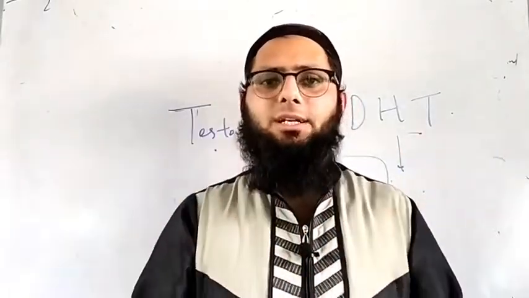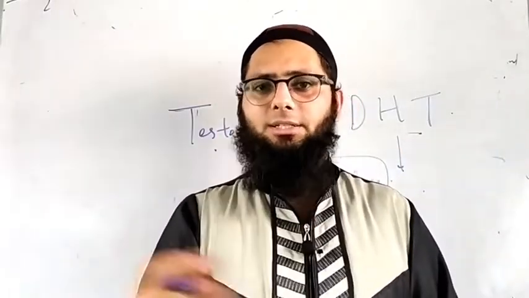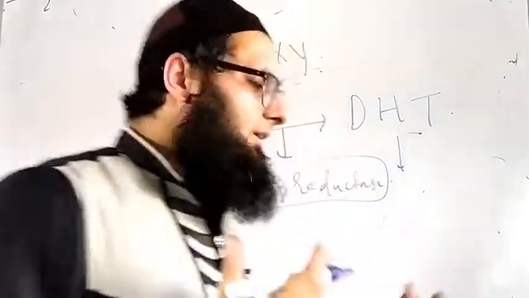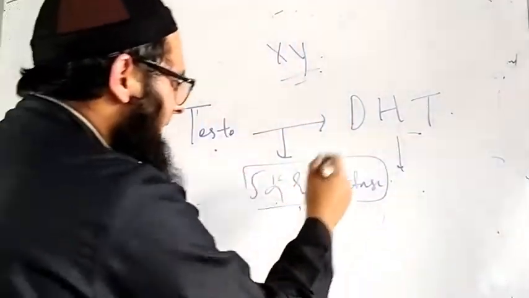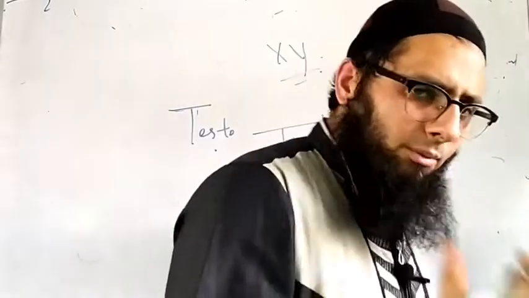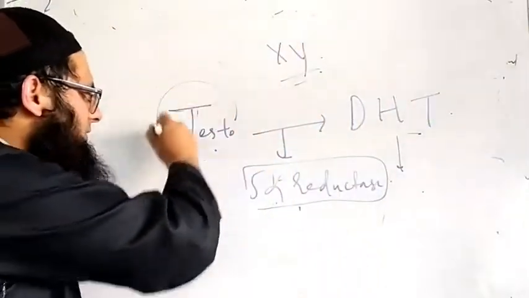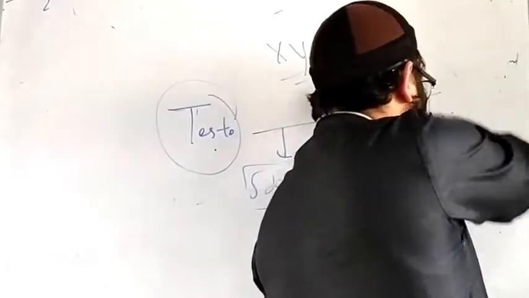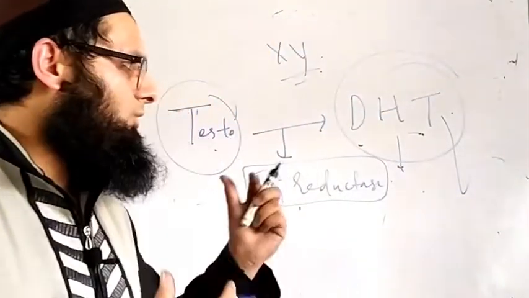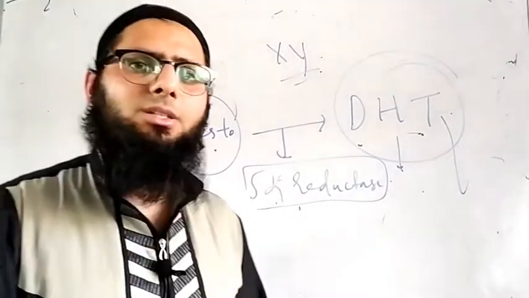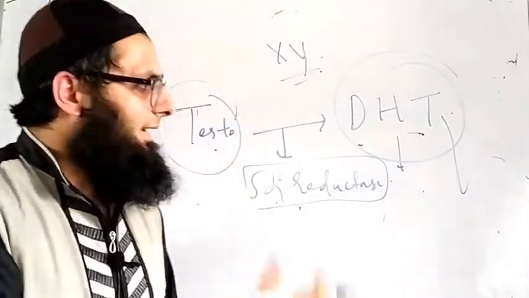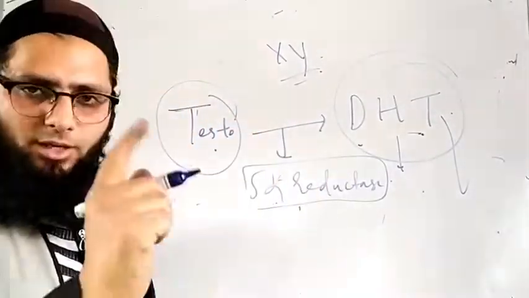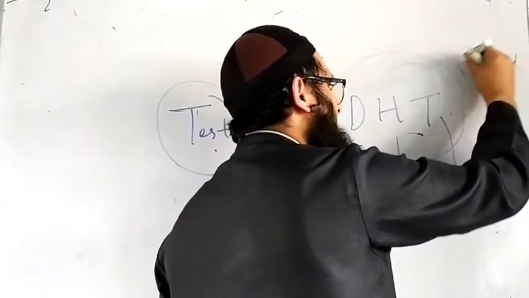This was the second case, because of which we came to know that the 5-alpha reductase enzyme is very important for conversion of testosterone into dihydrotestosterone, which is responsible for the conversion of the genital tubercle into male genitals. This is very important.